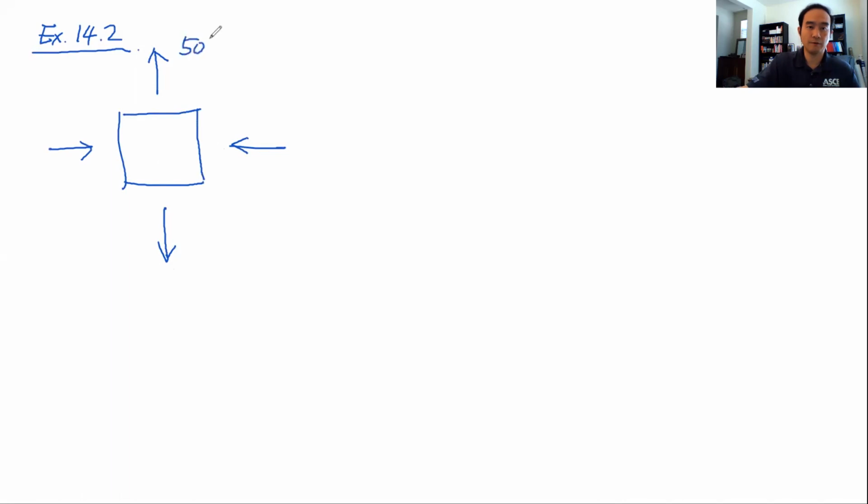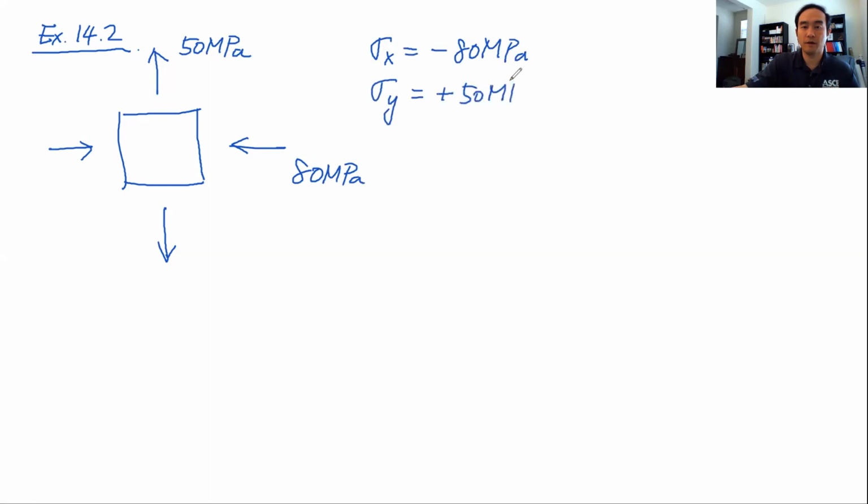So this is going to be 50 megapascal. Sigma x is going to be 80 megapascal in magnitude, and you can see this will provide a compressive stress. So I can write sigma x is equal to negative 80 megapascal. This negative sign represents the compressive stress, while sigma y will be equal to positive 50 megapascal because that will provide a tensile stress.